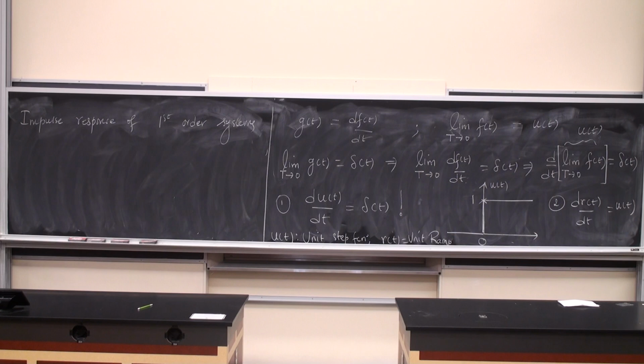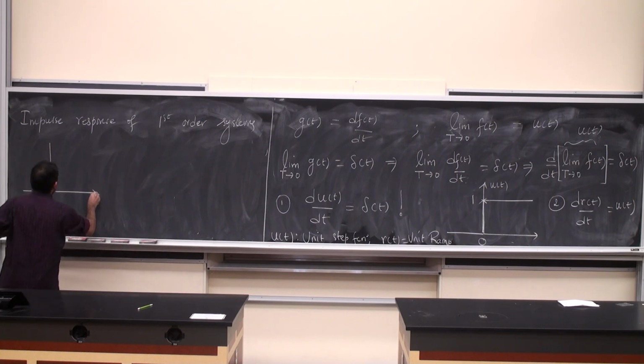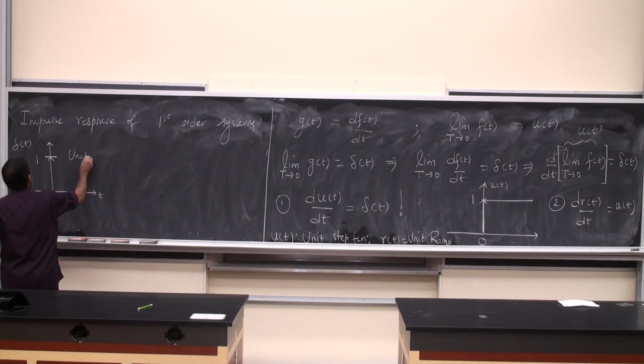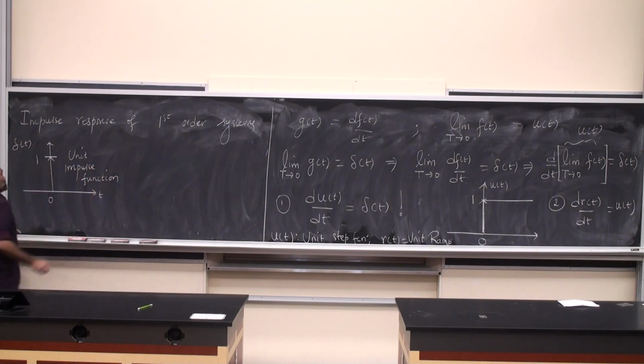To do this, I'm going to recall the impulse function, the photograph or the figure that you want to keep in mind. This creature is called the unit impulse function. Once again, this 1 is not the magnitude of this delta of t. The magnitude of delta of t at t is equal to 0 is infinite. The 1 represents the area.